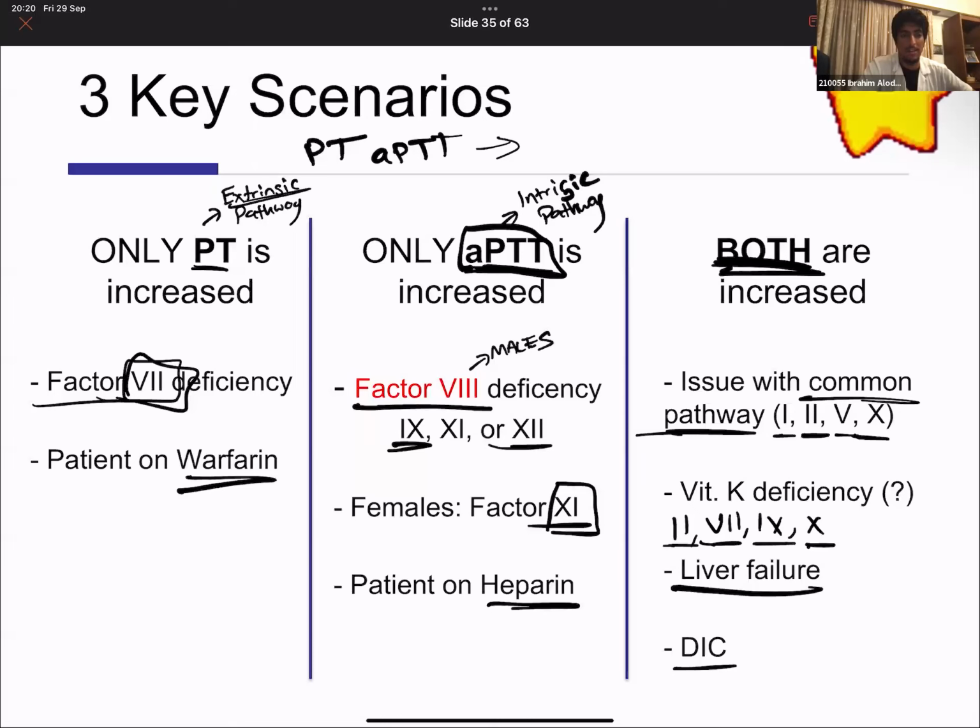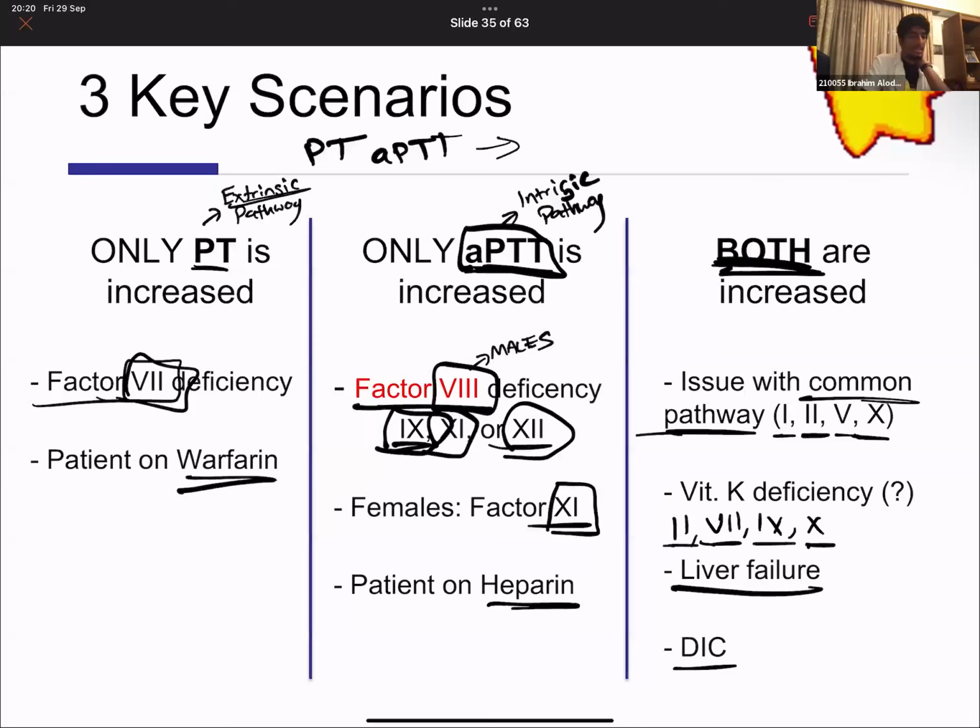What is the main factor for the intrinsic pathway? There is no main factor for the intrinsic pathway. The intrinsic pathway is made out of factors 8, 9, 11, and 12. Those are all the factors that play a part in the intrinsic pathway.